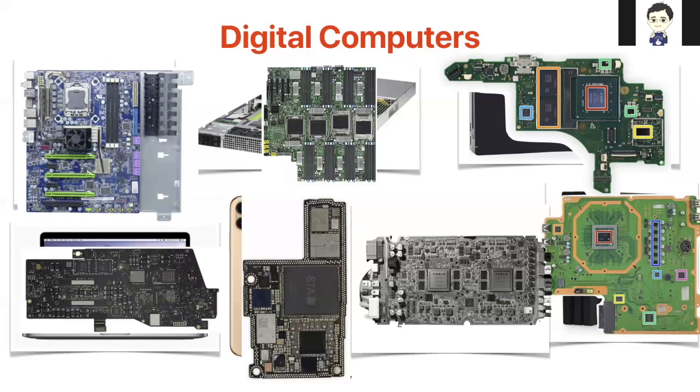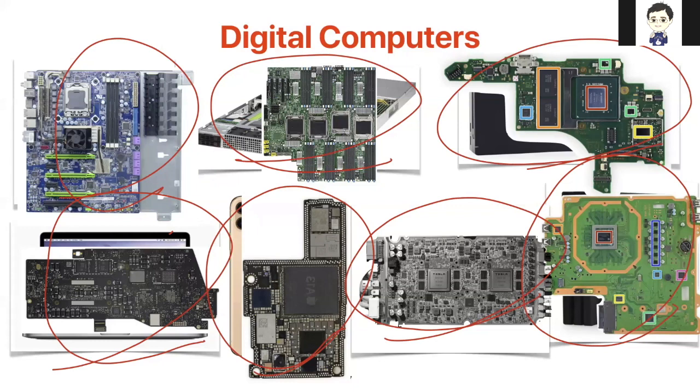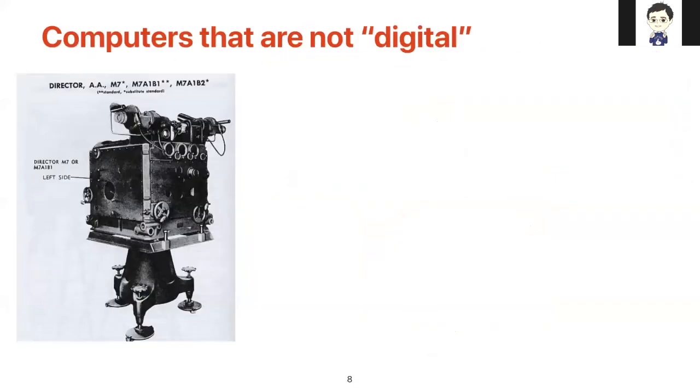But the reason I keep emphasizing digital computers is that there are also computers that are not digital. This is a computer used in World War II that tried to control the launch of missiles or rockets.